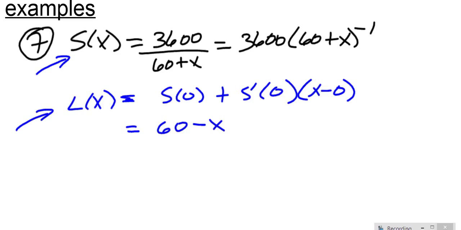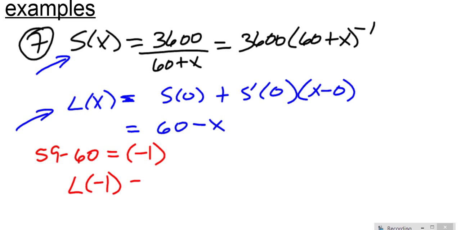We were calculating this average speed at 60 miles per hour, and because we're going 59 seconds, that's x equals negative 1. So I'm going to plug in negative 1 for x, and I get 60 plus 1, or 61 miles per hour.